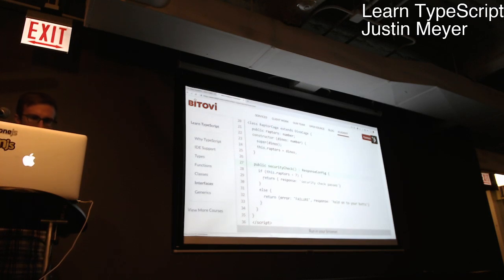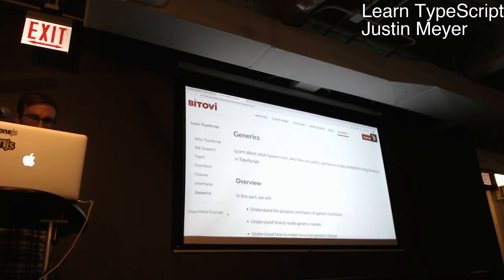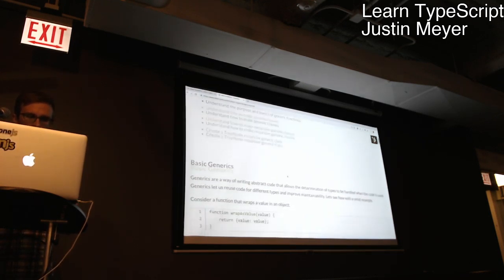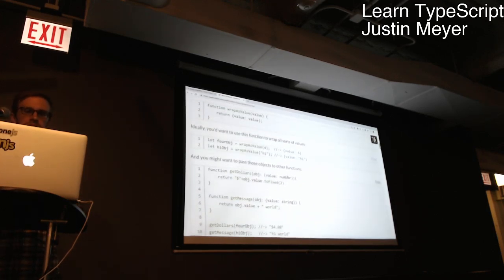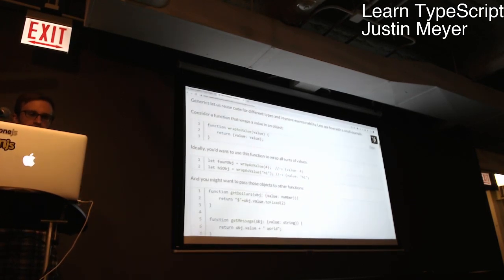Now the last bit is generics. This is probably the hardest, weirdest part. Let's say I have this JavaScript function here, and it takes a value, and all it's going to do is take that value, whatever it is, and wrap it in an object with that value as its value property.